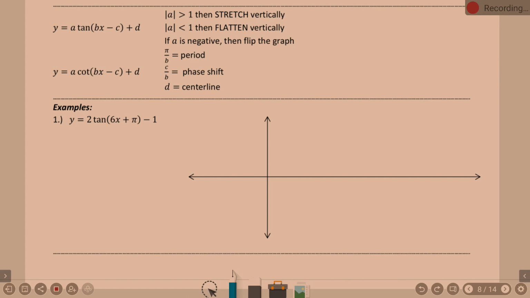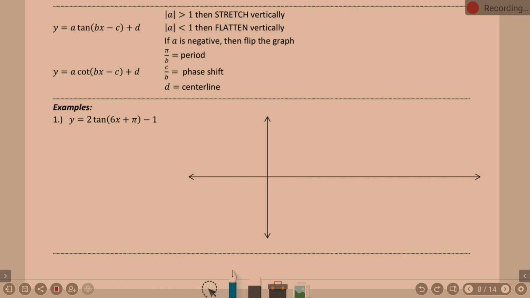If the absolute value of A is less than 1, think of it like a vertical compression or vertical shrink, where it's going to be shorter, squattier, okay? It stays closer to the x-axis, okay? And again, I'll demonstrate a visual of the difference when we talk about graphs, okay? But you need to be able to recognize it is a stretch or a flatten. Of course, if A is negative, that's going to flip the graph, okay?